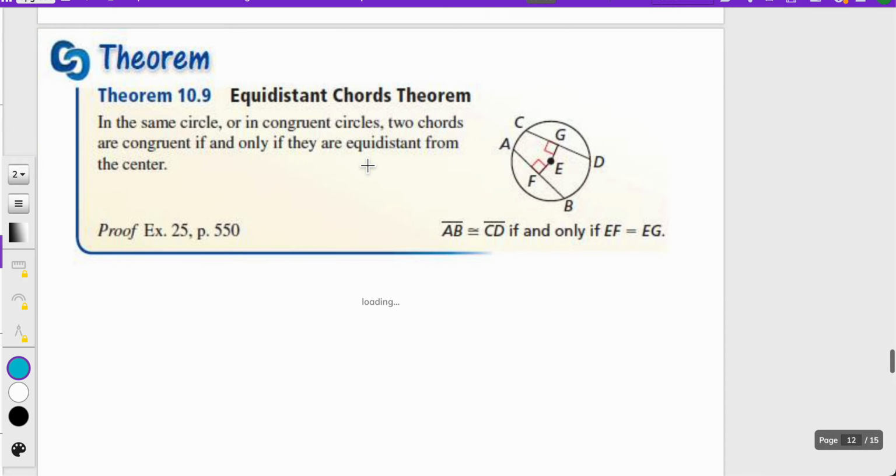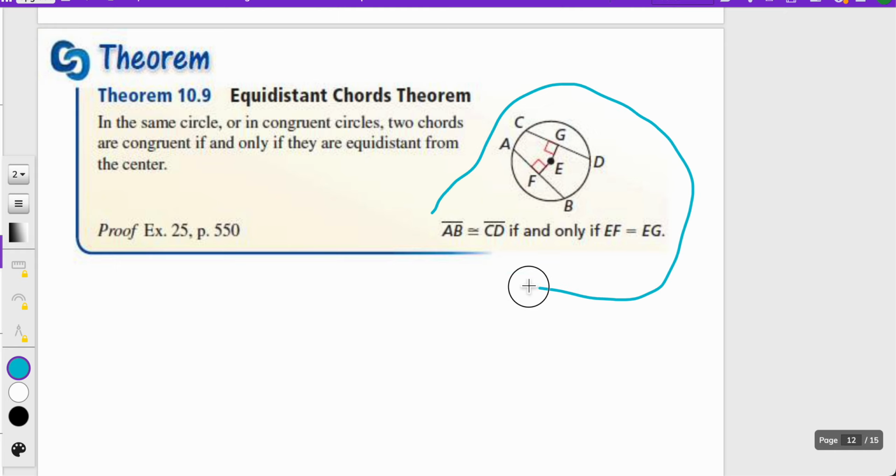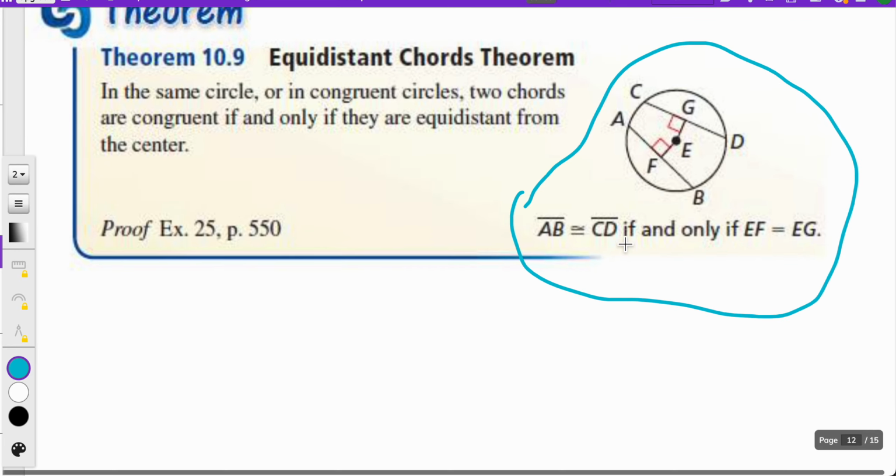Okay. Next theorem we have, and this will be our last theorem we discuss in these notes, 10.9 is the equidistant chords theorem. In the same circle or congruent circles, 2 chords are congruent if and only if they are equidistant from the center. So again, this is a good picture to draw, and we are wanting just to prove if chords are congruent.